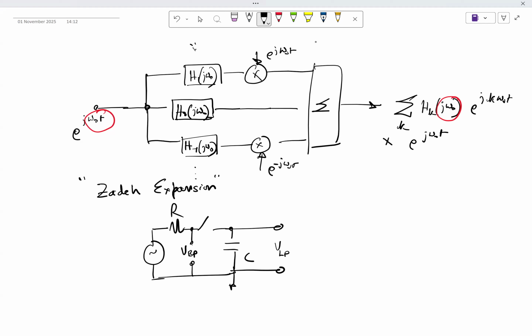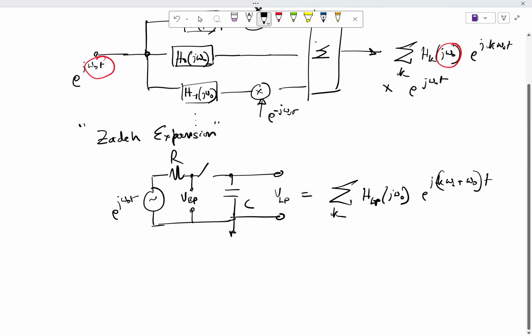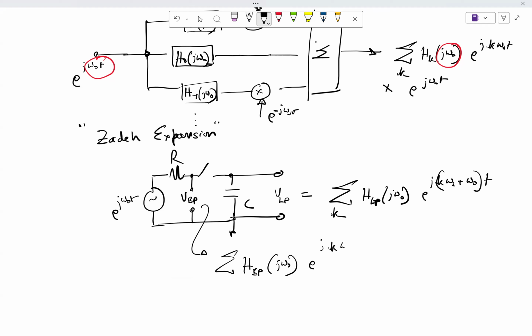So depending upon where you are taking, you can have your output to be summation of H_LP(j omega naught) e to the j omega naught t times e to the power j(k omega s plus omega naught)t. Or if you take it from here, this will be summation of H_BP(j omega naught) e to the j(k omega s plus omega naught)t, summation of all k. Okay.